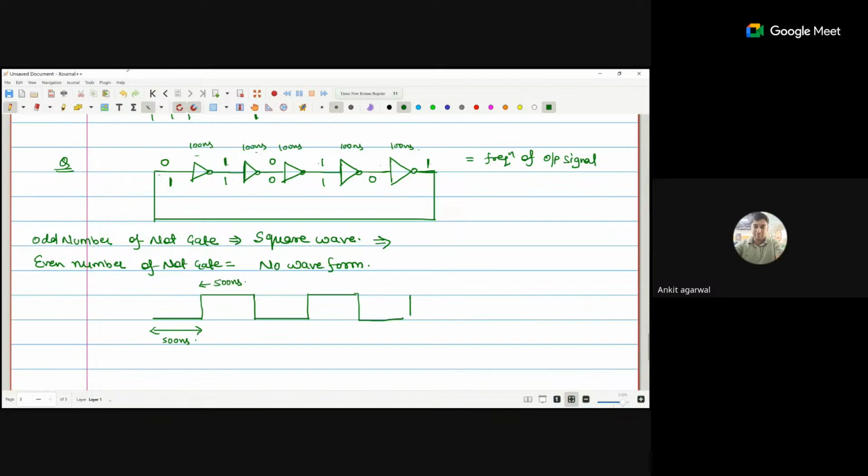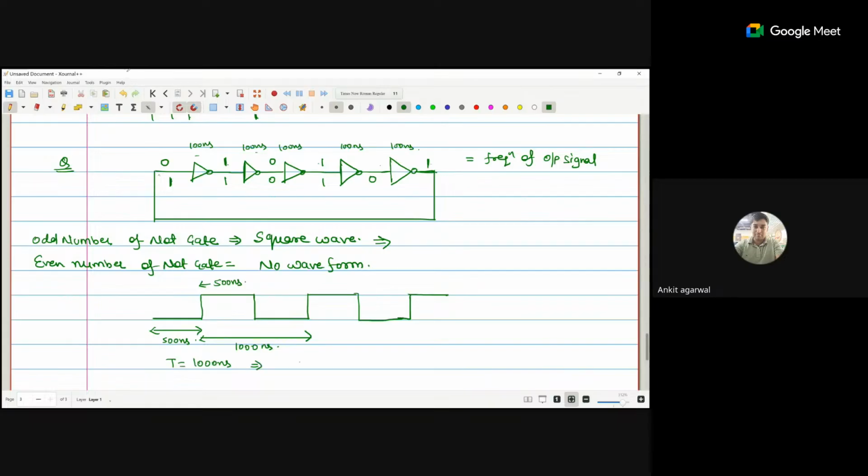Clear? Yes, sir. So what is the time period of this waveform? The complete waveform is this one: 500 for the 1, 500 for the 0. So the overall time period is 1000 nanoseconds. So capital T is 1000 nanoseconds.